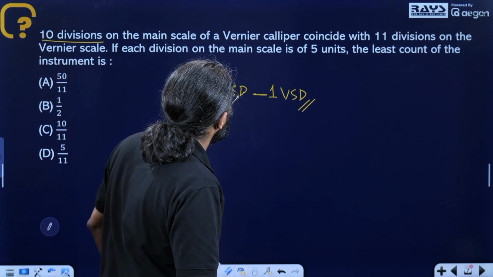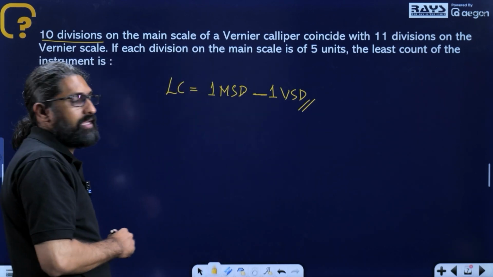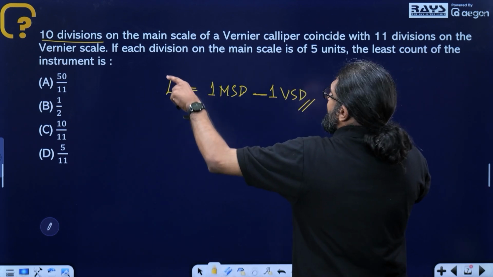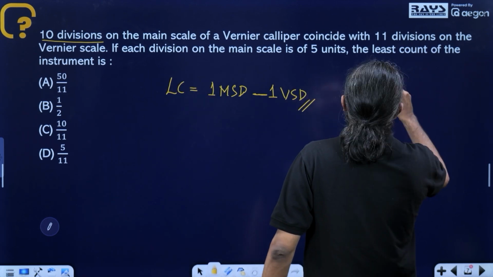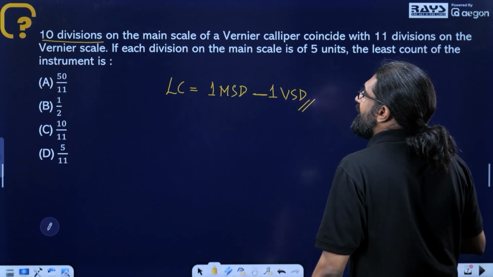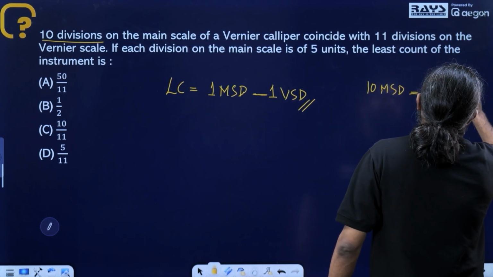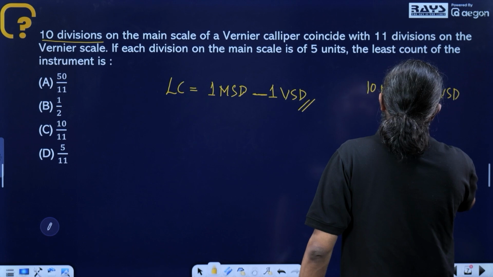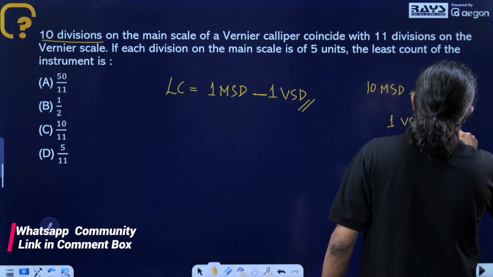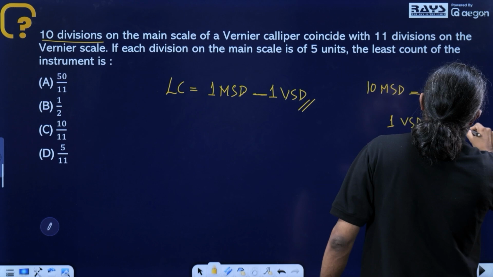How do I solve this? I can represent one VSD in terms of MSD. How do I do that? The question says 10 main scale divisions, 10 MSD, will match with 11 vernier scale divisions, which means 1 VSD will be equal to 10 by 11 MSD.